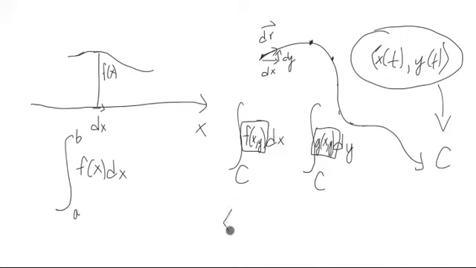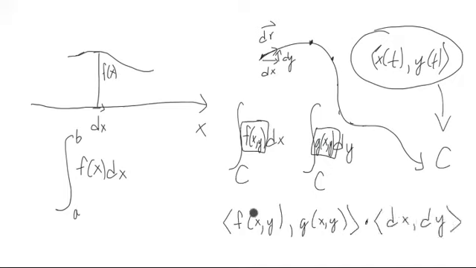In that manner, let's think about what we have here. It looks almost as if we have a vector, f of x y, comma, g of x y, dotted with dx, dy. Notice what happens with an integral here: this was multiplied to here, this is multiplied to here, and then we can split up the integral into two integrals.